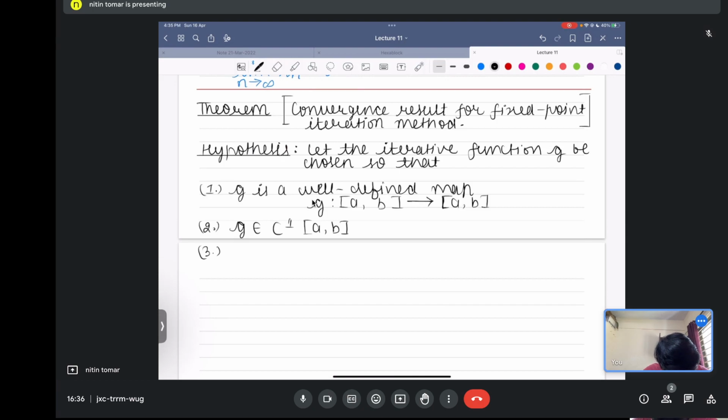Third, g is a contraction. Now what does it mean? It means that the supremum, or in this case the maximum, because g is a continuous function so the supremum will be attained, of mod of g prime x in [a, b] is less than or equal to 1, and we assume it to be lambda.